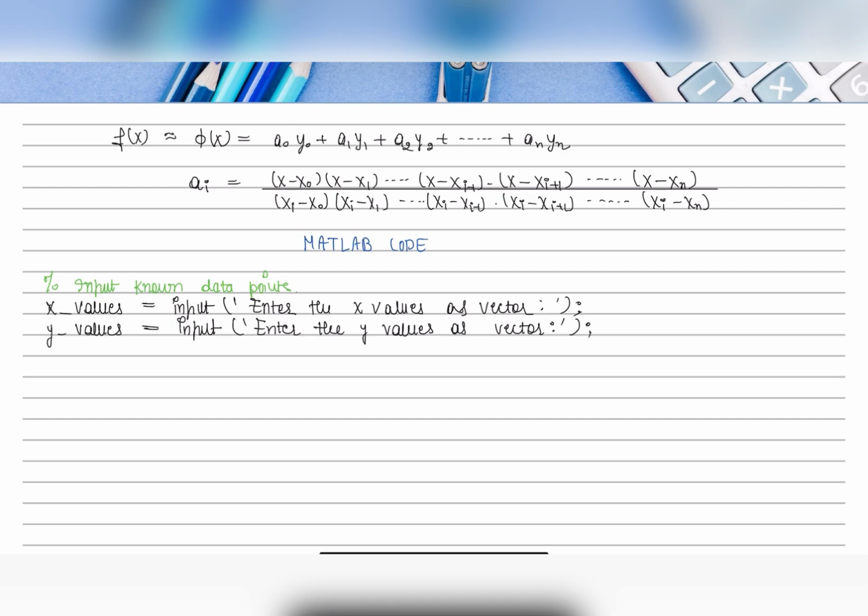After we have asked the user to enter these values, we will find the number of data points in either of the values, that is either x values or y values, because both of these vectors are going to be of the same length.